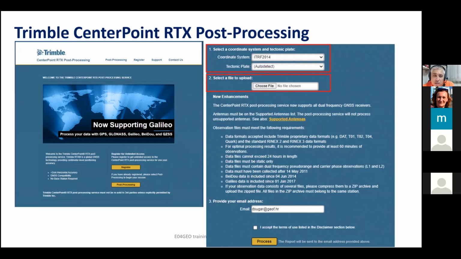I've chosen daily files downloaded from GPPS service of Kropos in T02 format, and I've uploaded all those files one at a time. So that means that I've run this service 11 times.